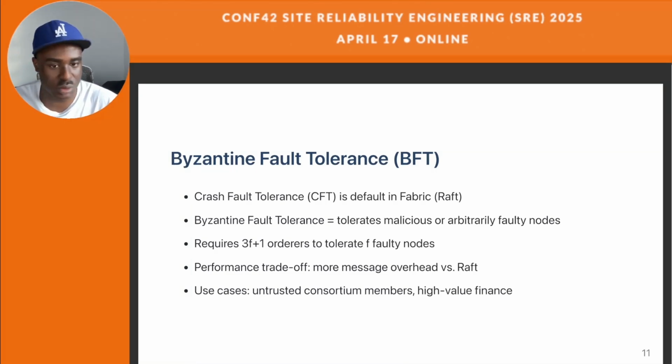So if you want to be able to tolerate 2 malicious nodes, that's 3 times 2 plus 1, which is 7 nodes. So it's more resource intensive and has more overhead. You get a stronger guarantee that the network will be consistent, even if some participants act maliciously. The use case for this is if you are in an environment where you don't really trust the other members. BFT is really suitable for this, or in very high value finance environments.